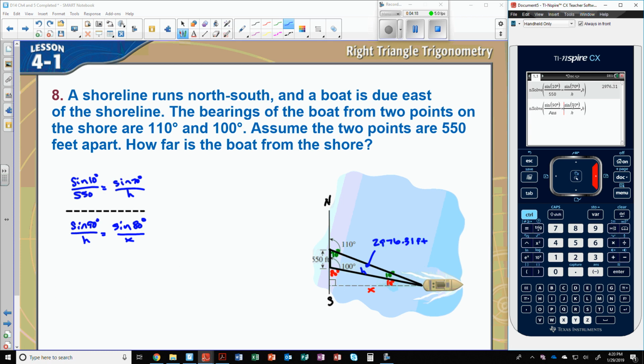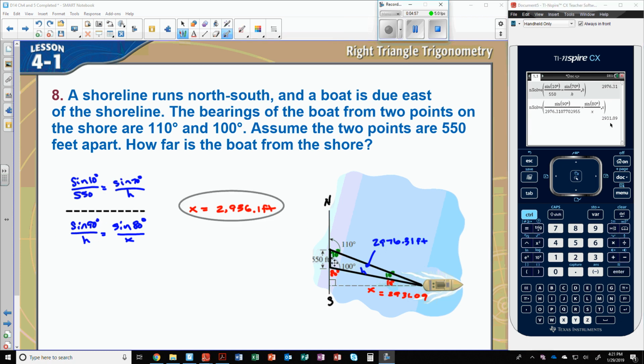And here it's going to be 80 degrees, 80 over x. And this is how I'll get the x. And so it just told me the x equals 2931.09. I'm going to round this to the nearest foot, and so x would equal 2,936.1 feet.